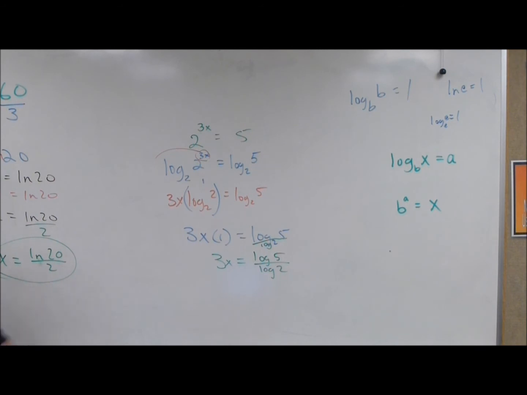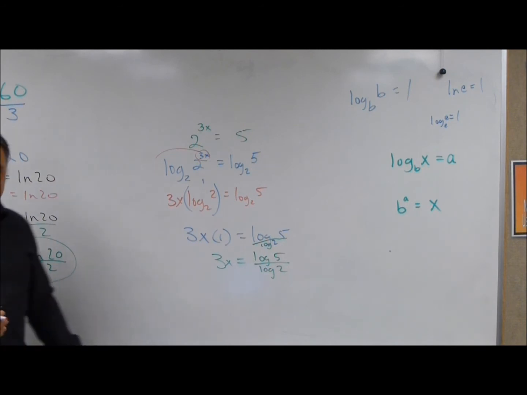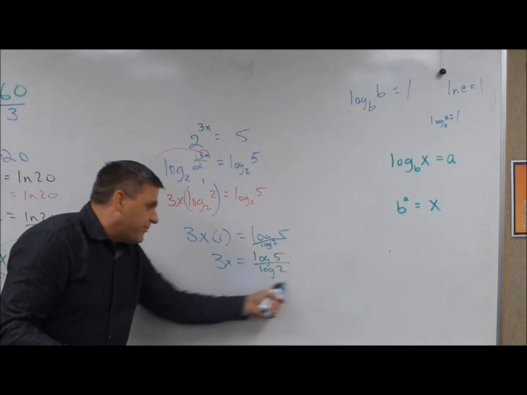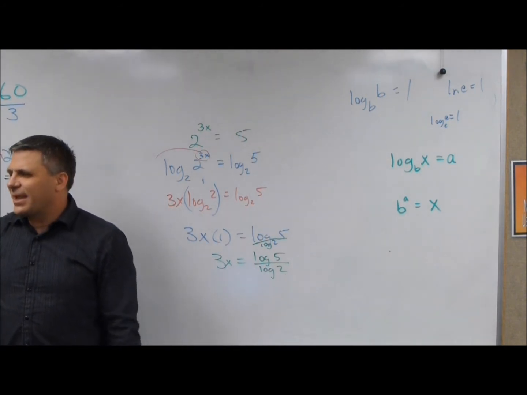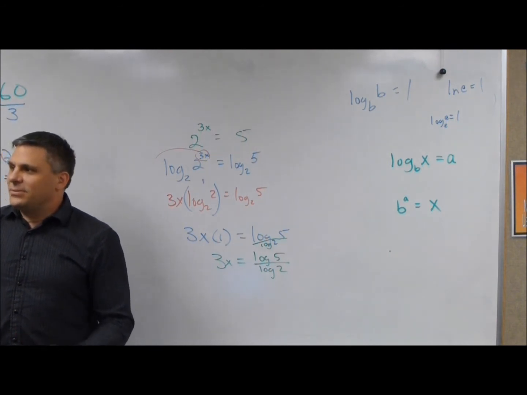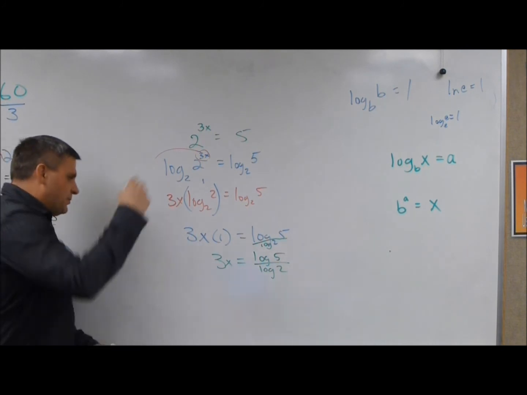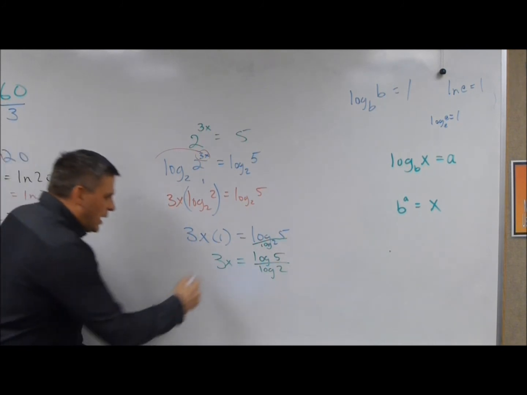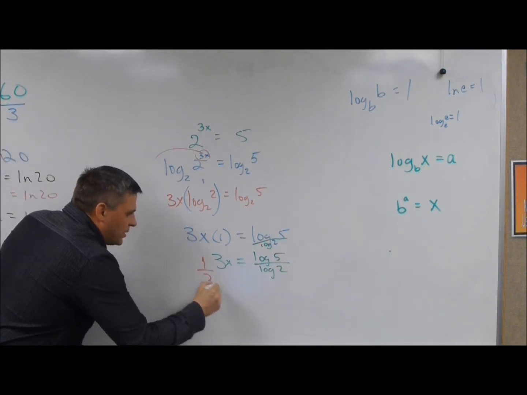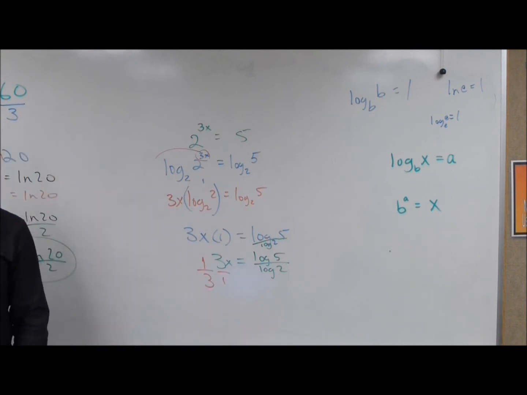And so now I can just divide by 3. But if I divide this whole fraction by a whole number, I have to remember I'm really flipping and multiplying. So instead of doing that all complex, I'm going to multiply this by 1/3, and that's 3 over 1.